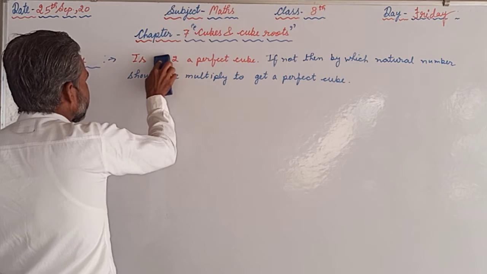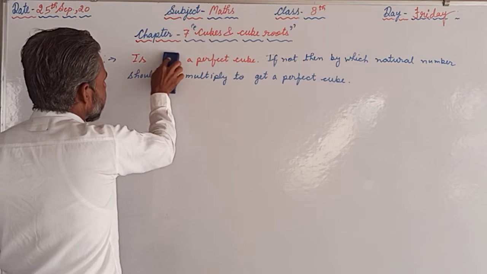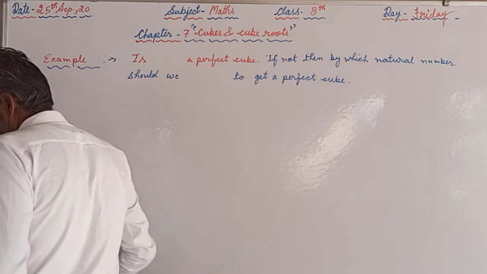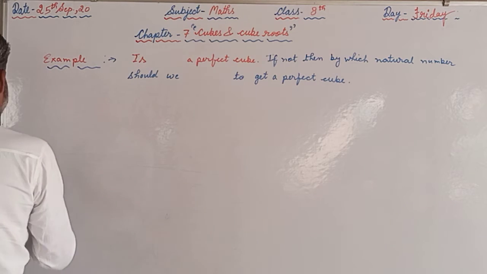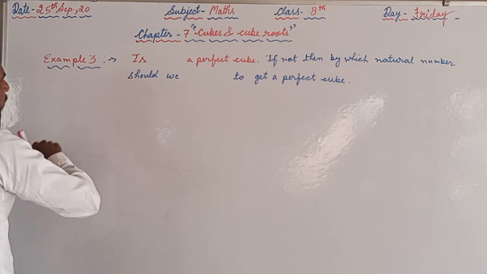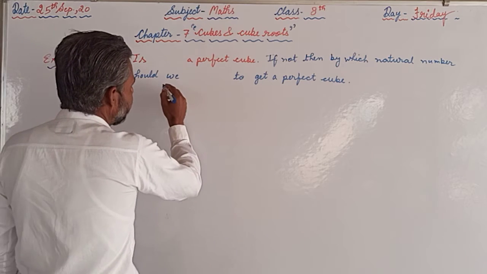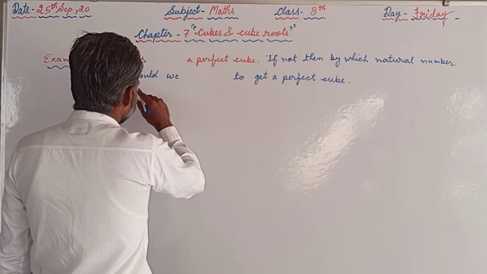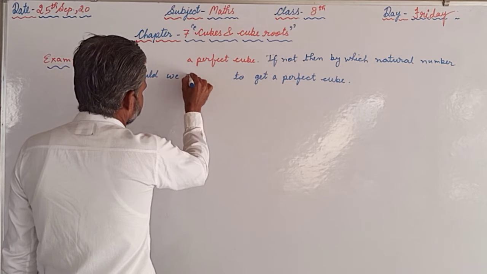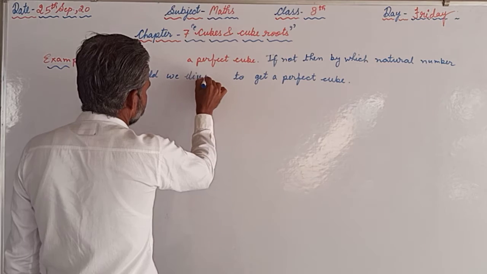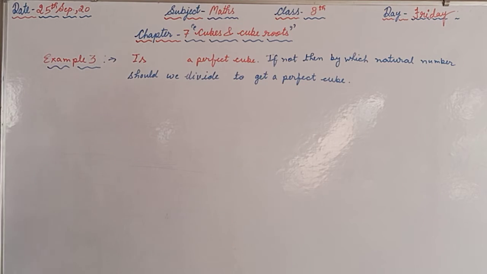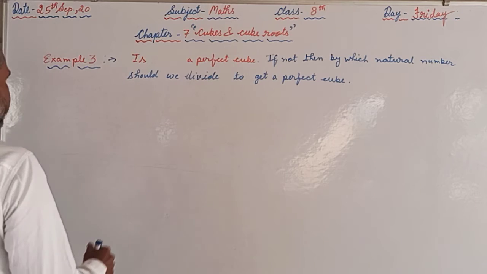In this example a different number is given and we have to find by which number we have to divide in place of multiply. So that is example number 3, by which number we should divide, and the number is 53240.